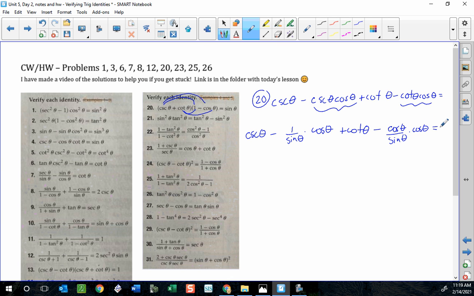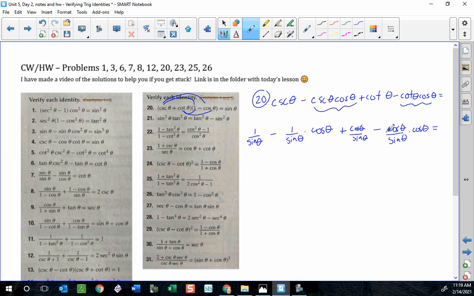Let's check this out. Okay, I think I'm going to go back and change this one as well. That's 1 over sine, and this one also. I didn't change those because I didn't think I needed to, but let's do it. So it's 1 over sine. And this guy right here, cotangent, is cosine over sine.